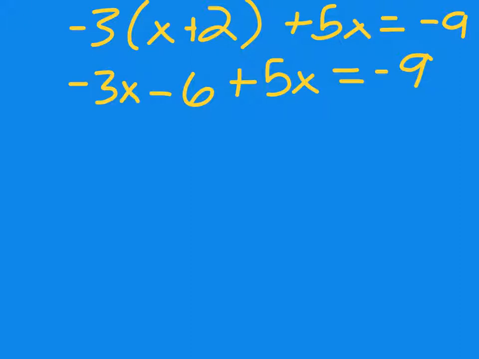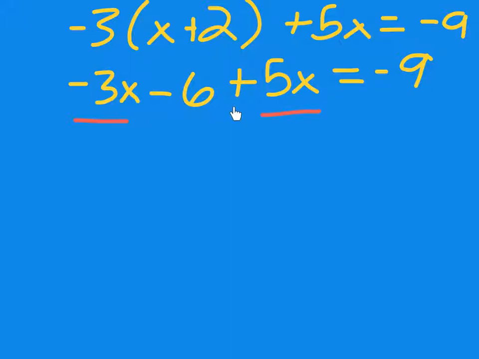From this point on, I would combine my like terms, and my like terms are pretty easy to see. I have an x here and an x here. This can get a little confusing here. This negative right here goes with the 6, so you need to look at the positive. You need to do the negative 3x, then look at the 5x and the operation sign that comes before that.